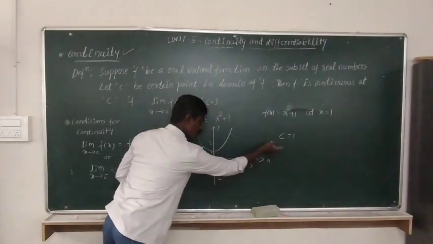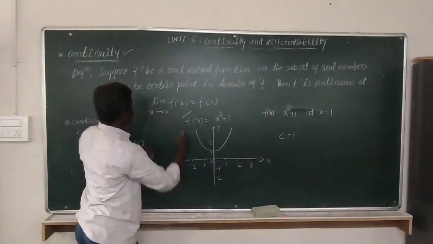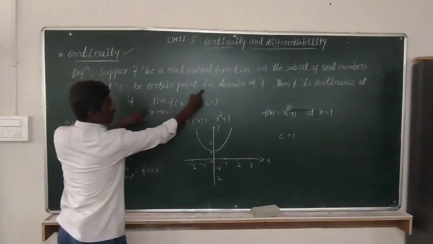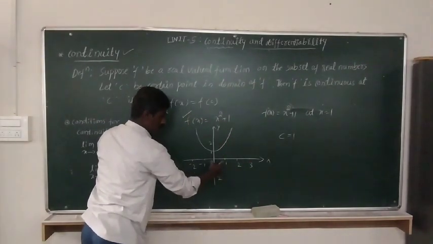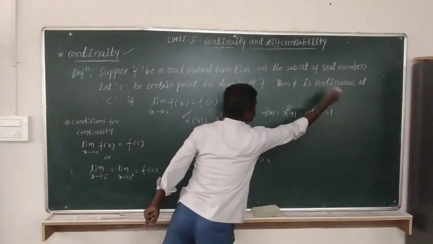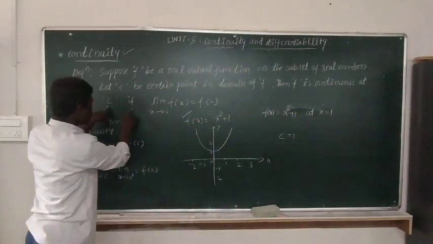The c is a point which lies in the domain. So let c be a certain point in the domain of f, and c equals 1. Then f is continuous at c.